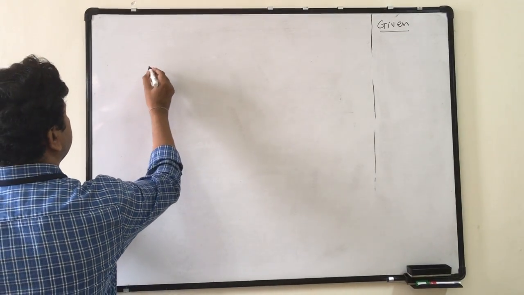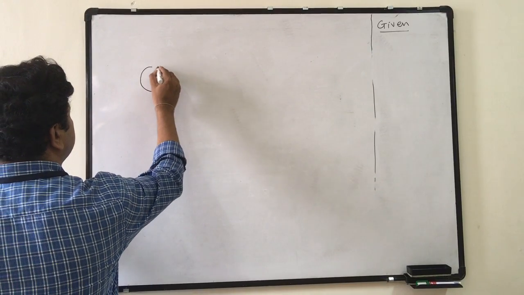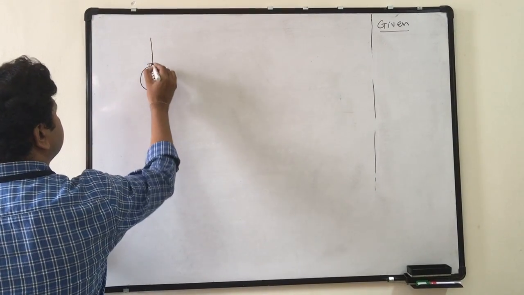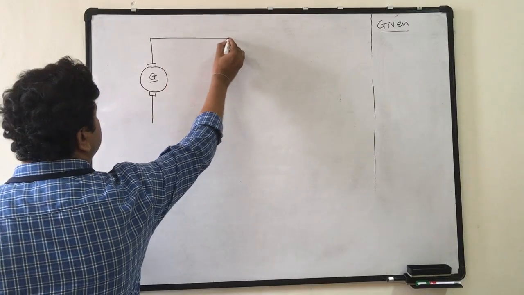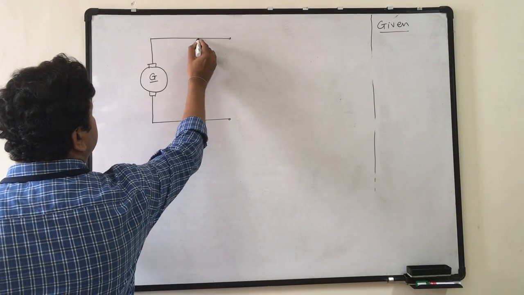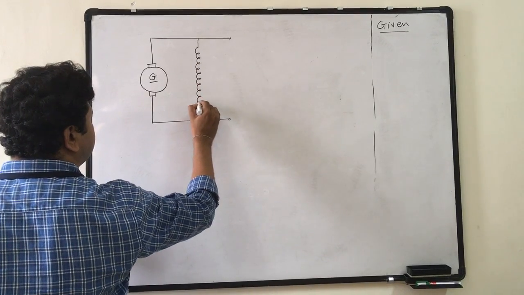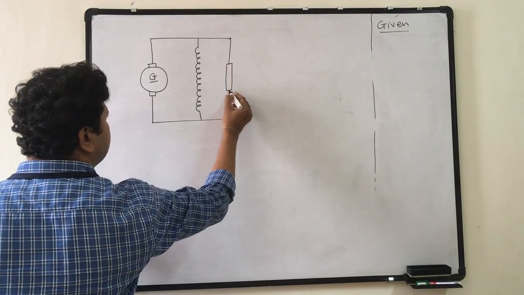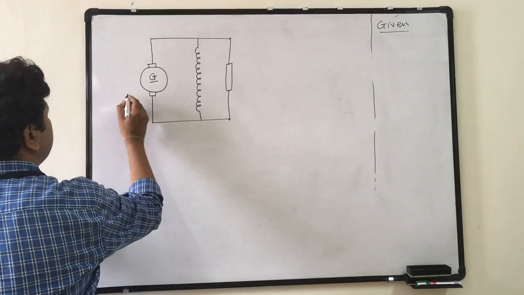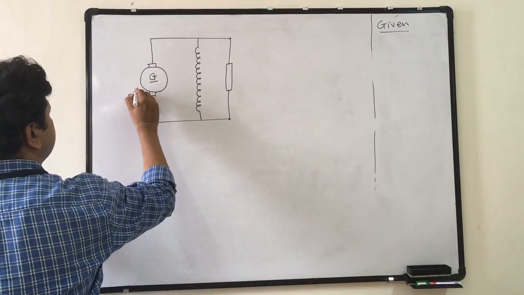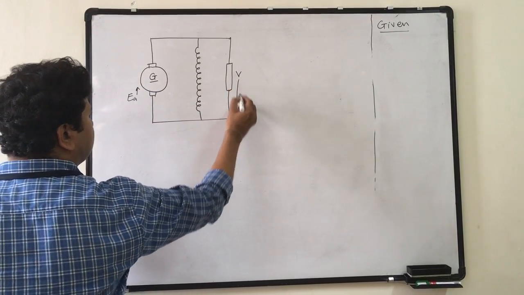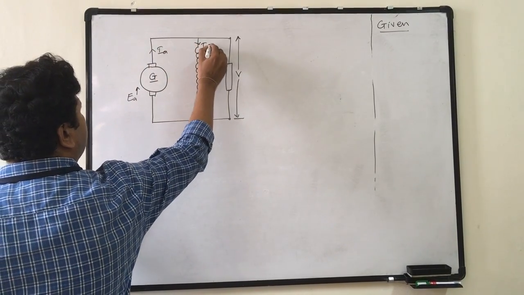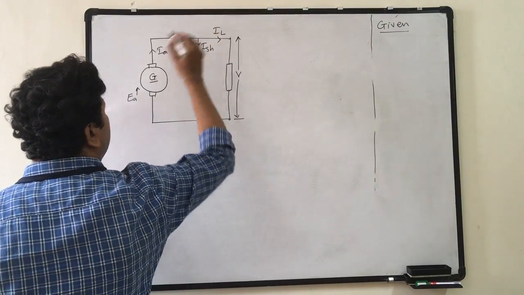So first I will draw a shunt generator. It has got the terminal, a no load EMF EA, terminal voltage V. This is the armature current IA, shunt field current ISH, load current IL.